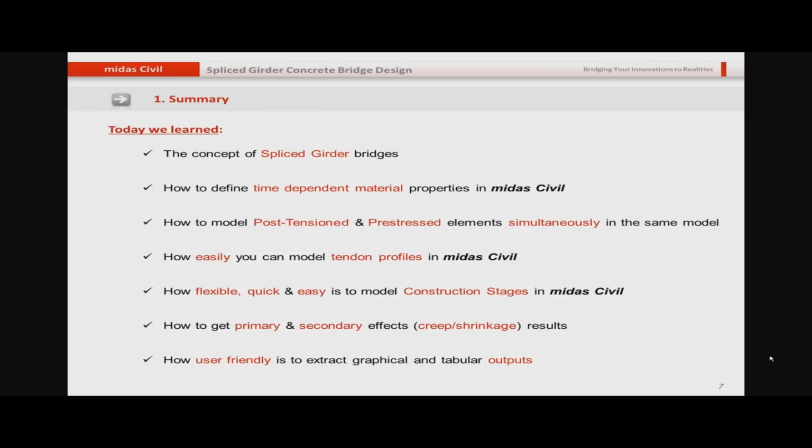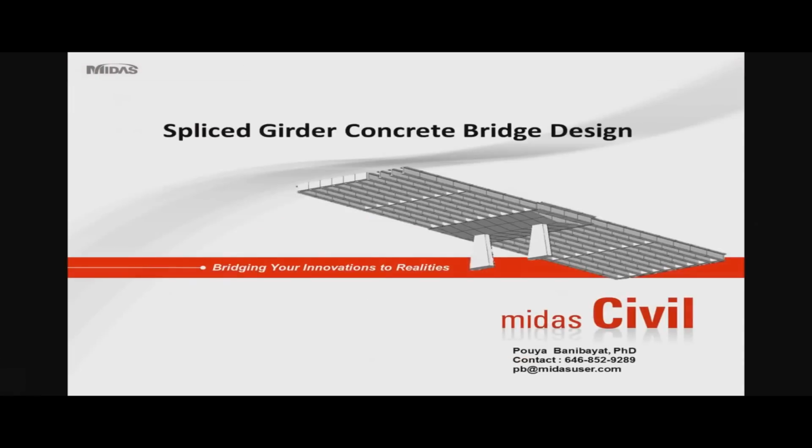You can define those construction stages exactly step by step. We covered how to get the primary and secondary effect of creep and shrinkage, and how user-friendly it is to extract the results. Those results can be copy-pasted or exported to Excel, and it's ready for design.